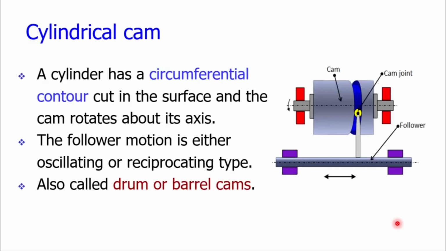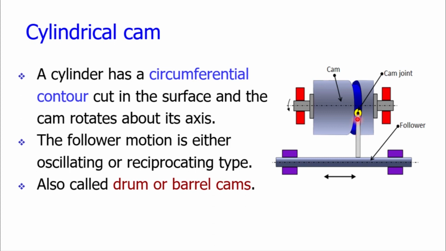The next variant is the cylindrical cam. In a cylindrical cam, the cam is in the shape of a cylinder, and we are machining a groove on the circumference of the cylinder.